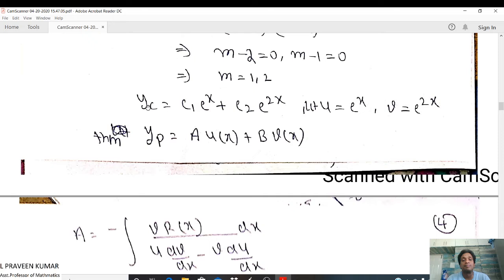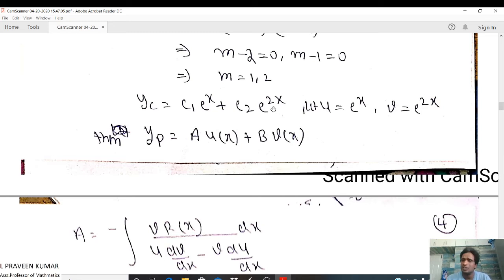Now we write the yp, that means particular integral. Here I am assuming u is equal to e power x, v is equal to e power 2x. And one important thing is, don't get confused which one we have to assume as u and which one we have to assume as v.